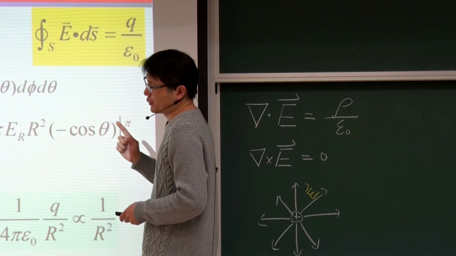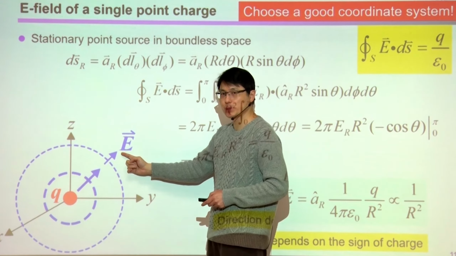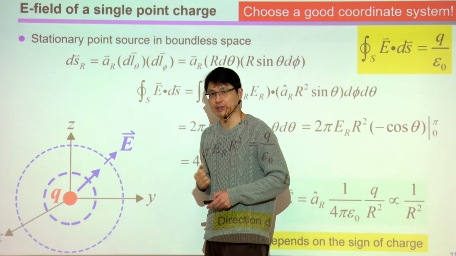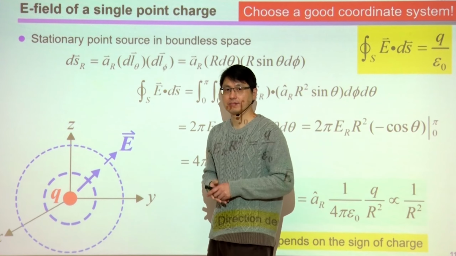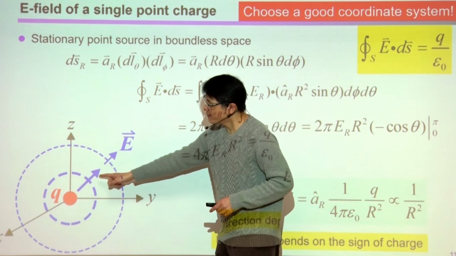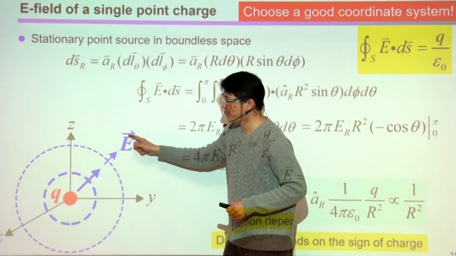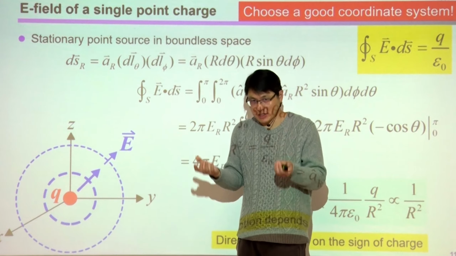You might be wondering, how can I just assume the E field intensity is pointing outwards? Well, if I'm drawing this E field intensity, all these field lines pointing outward, I am making another assumption.